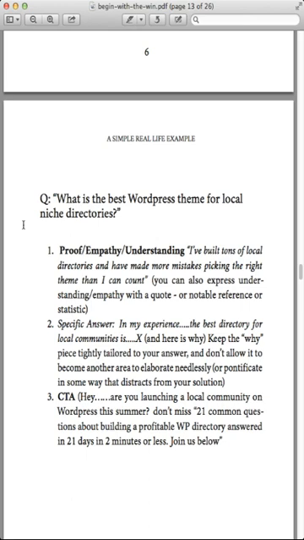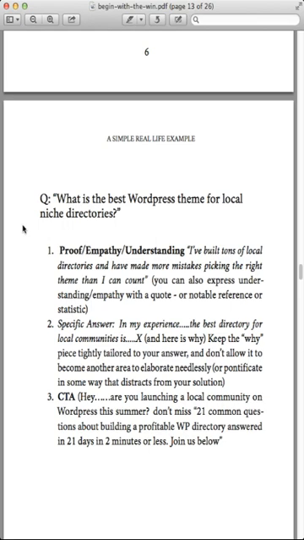Step 1, proof, empathy, understanding. So what I'll do is say, I've built tons of local directories or have advised on tons of local directories and have made more mistakes picking the right theme than I can count. So essentially I am validating their question, validating their challenge, by dint of expressing my own experience in having had the same challenges, issues, questions, conundrums that they have.